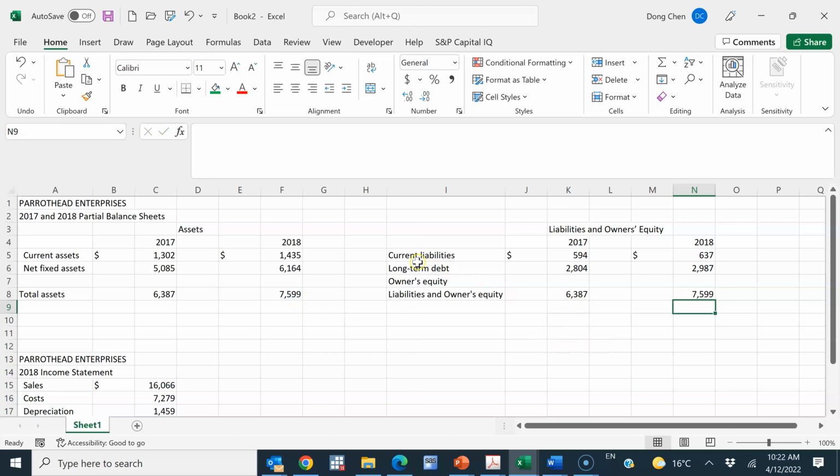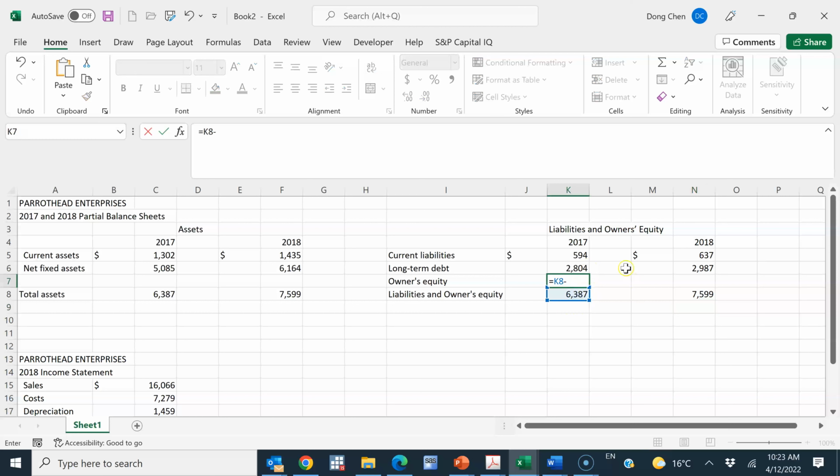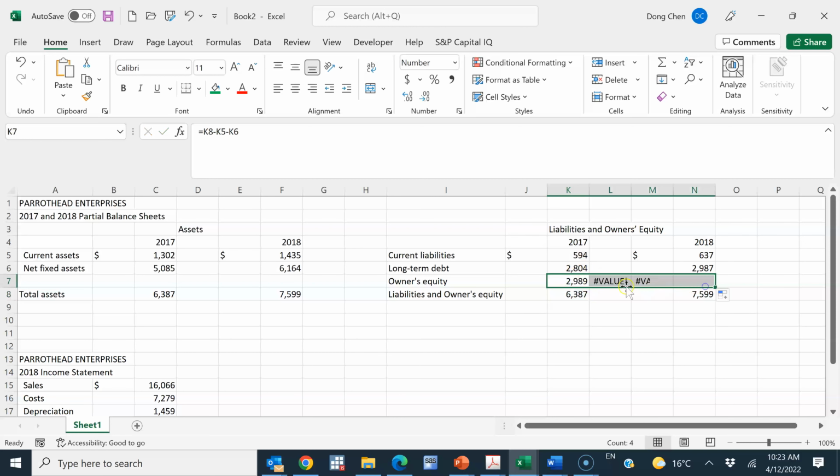Now we also know that current liabilities plus long-term debt plus owner's equity should be equal to total liabilities and owner's equity. And so we can back out this owner's equity by subtracting the sum of these two liabilities items from the total liabilities and owner's equity. So that's how we can get this owner's equity. And extend this calculation to the other year.